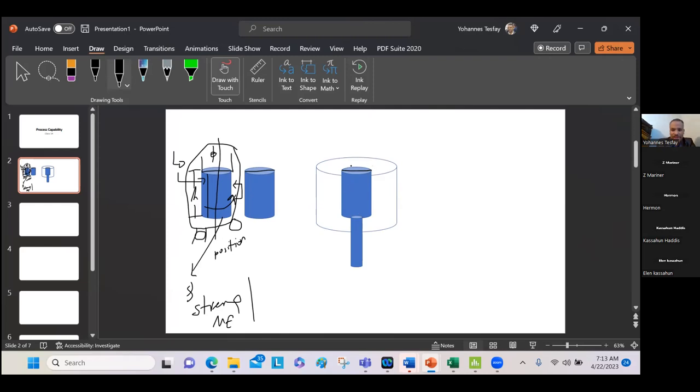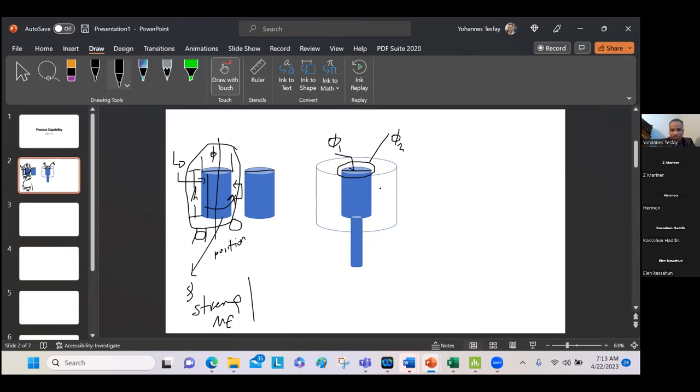In that diameter, this is the outer diameter of this part, assume just a piston, and this is the diameter of the cylinder, phi 2, okay, and this is phi 1, the inside one.